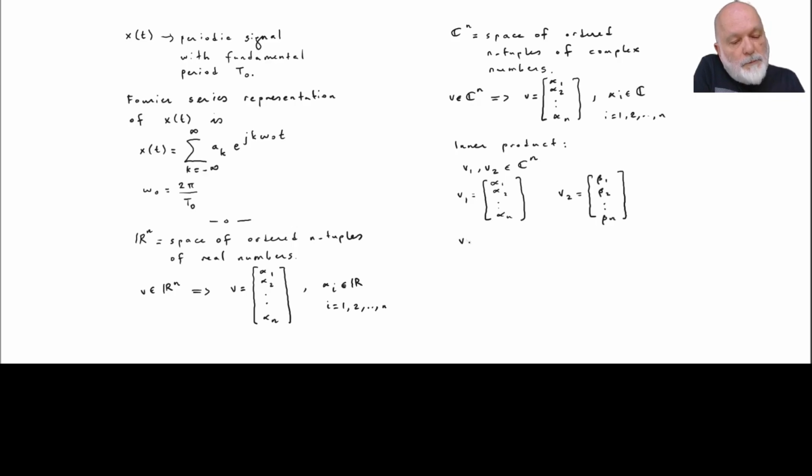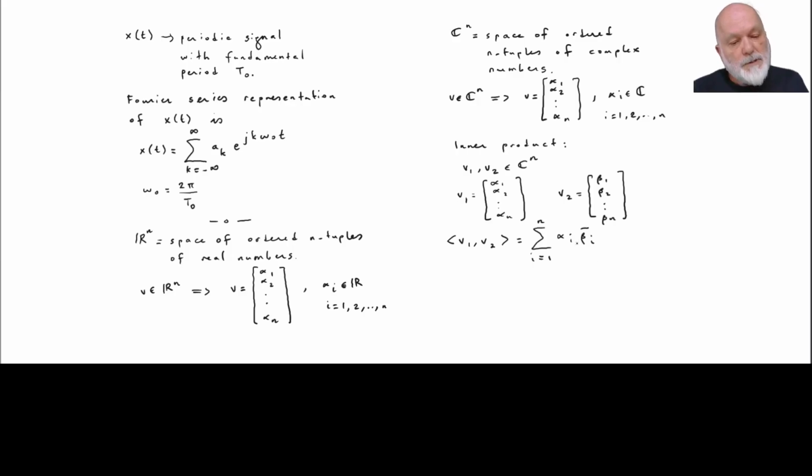The inner product of V1 and V2 is equal to, now there are several possibilities to define an inner product, but I prefer the following expression: for i running from 1 to n, the summation of alpha i times beta i conjugate.